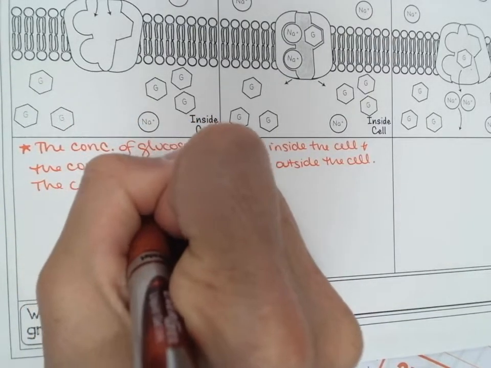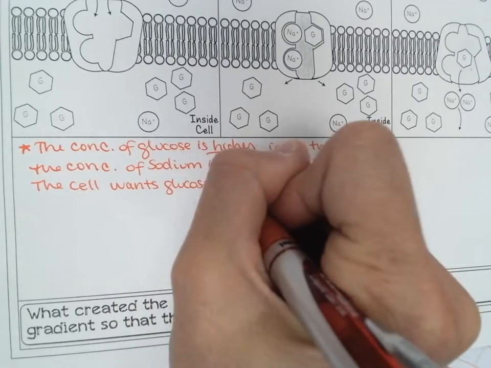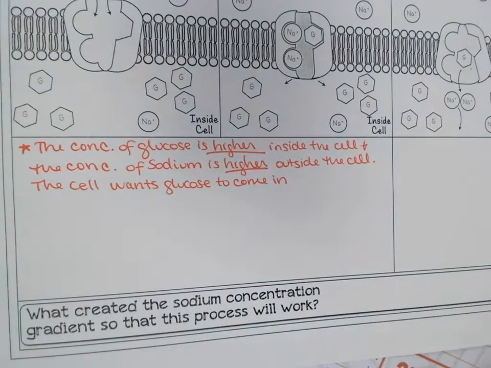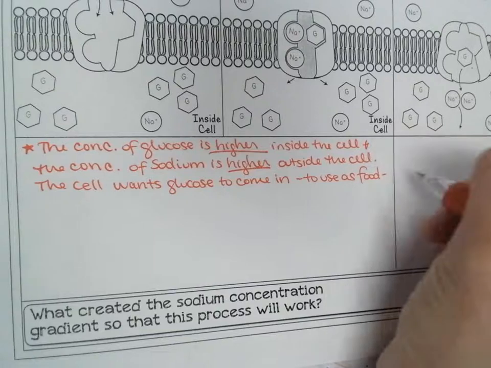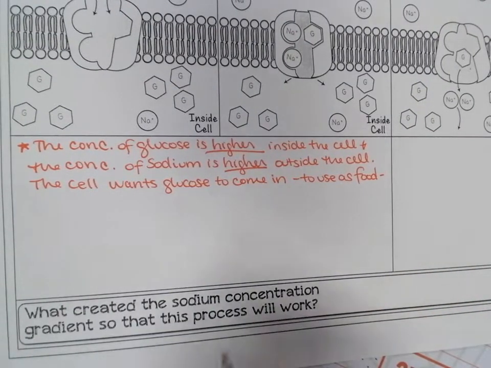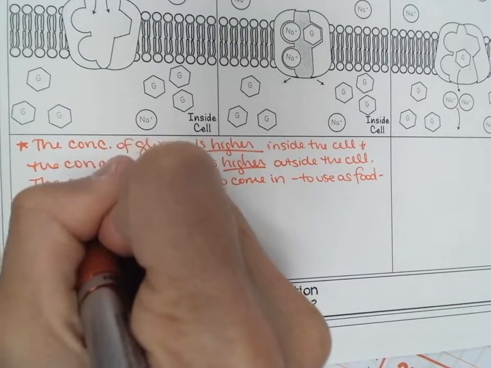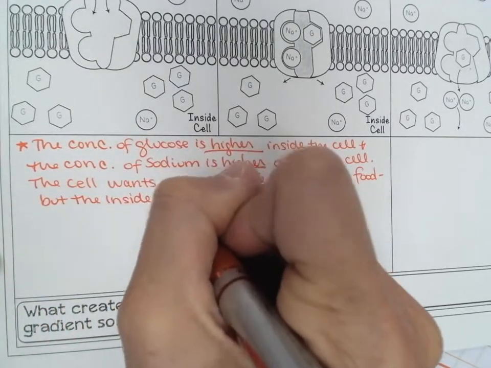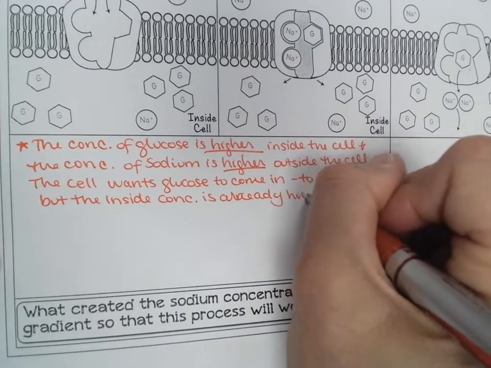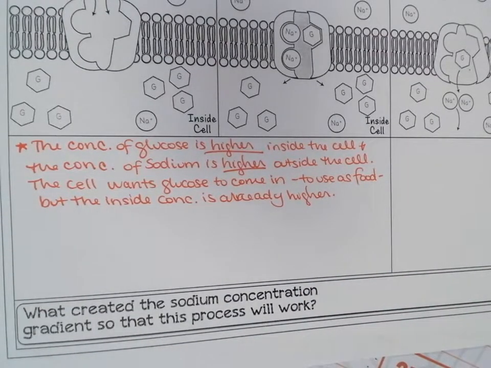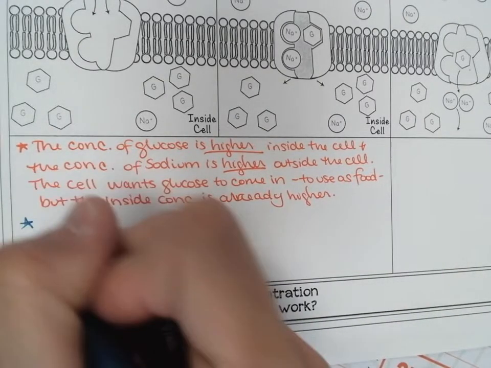The cell wants glucose to come in to use as food. But the inside already has a higher concentration. So the glucose needs to go in, but the cell doesn't have any energy to expend.